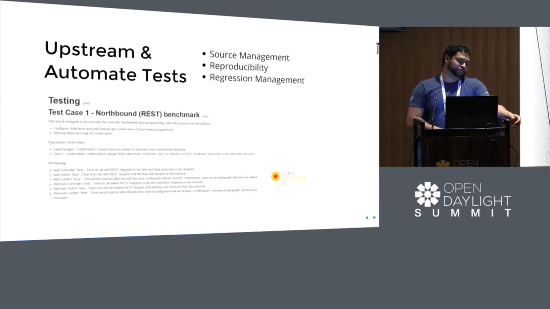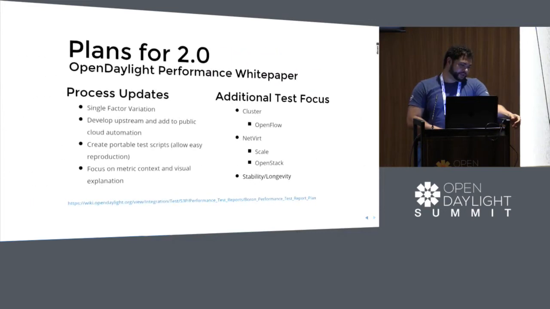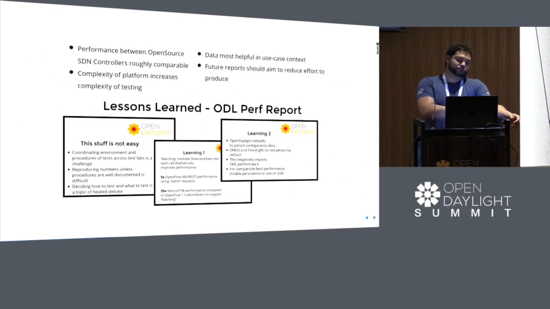I'll go back briefly to the lessons we learned in the performance report. These boxes at the bottom are slides from a previous presentation I gave on the performance report itself. One of the lessons is that coordinating environments, procedures, and configs across different labs and across testing is problematic. We found that one of the things that really affects performance is persisting data in the config data store.